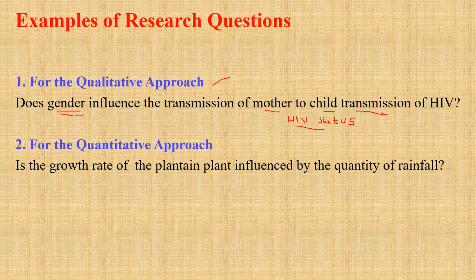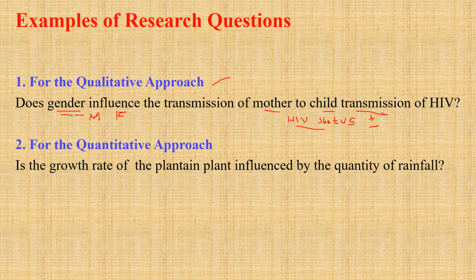Gender, we will not measure it. We know that it is either male or female. And for HIV status, it is either positive or negative. We cannot say that this person has 1, 2, or 3 HIV statuses.